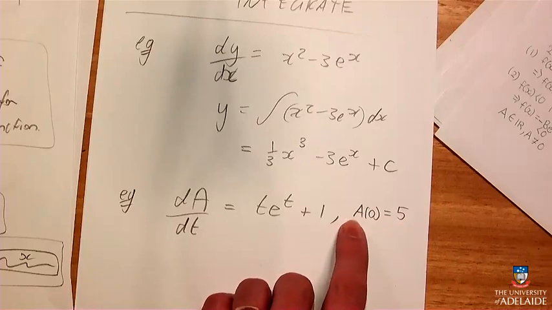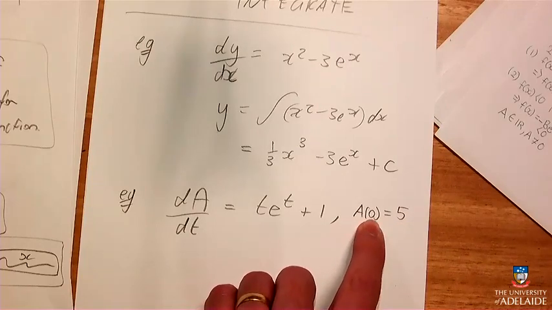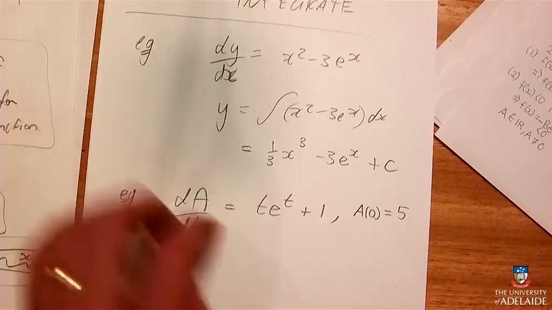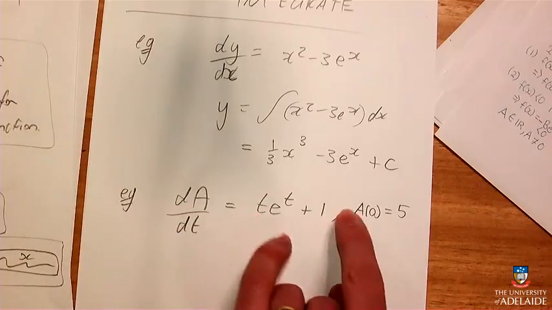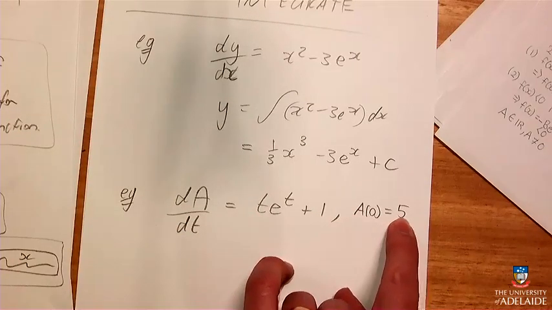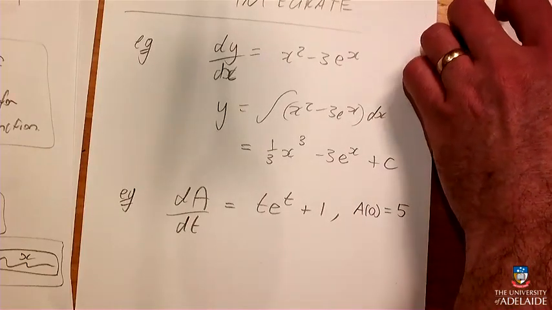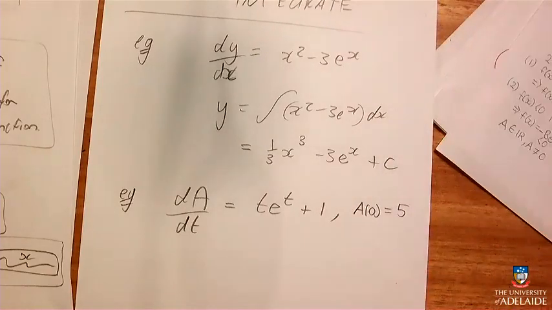Because A is the name of a function, so you can sub in t equals 0 to get the answer 5. So this one's a little different to the other. It's similar because we have derivative equals formula involving t, but we also have this stuff, and there's a name for that. That's called an initial condition.